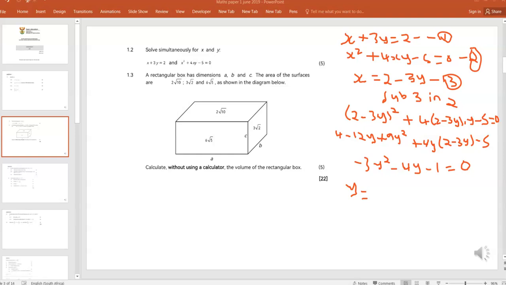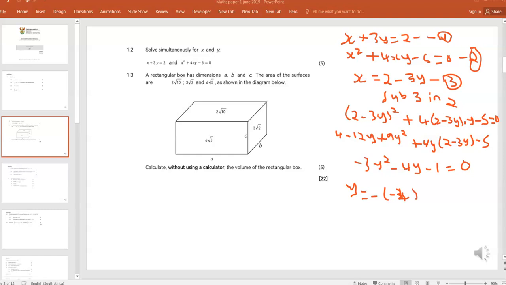So I'm going to quickly go through this now. I'm going to go to the formula now. So it will be negative, and the value of b is negative 4, so you must put it in a bracket. It will be negative, then you put in a bracket negative 4, because b is negative 4.